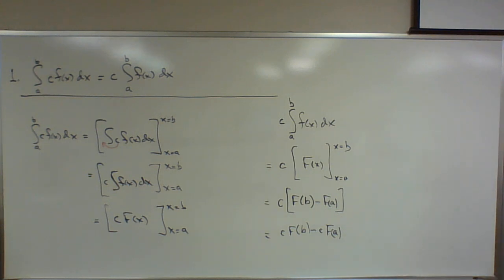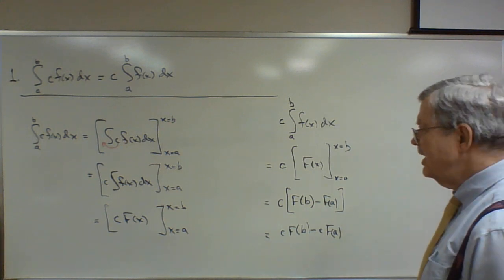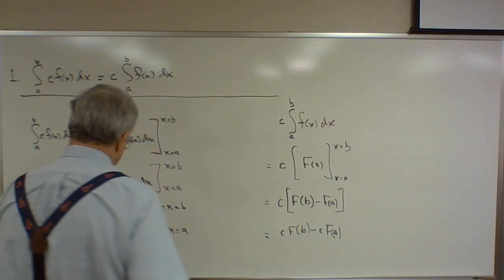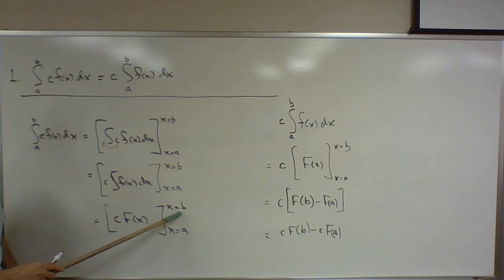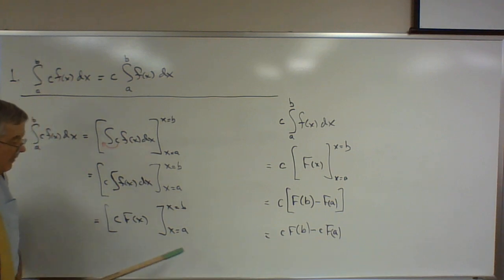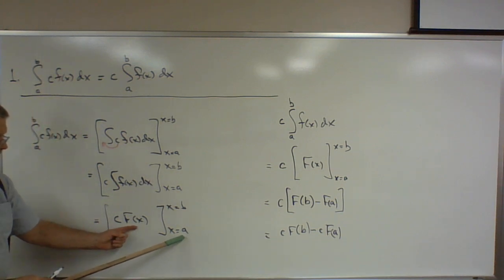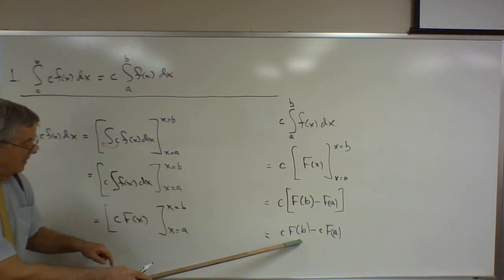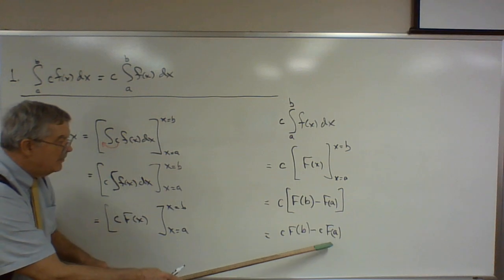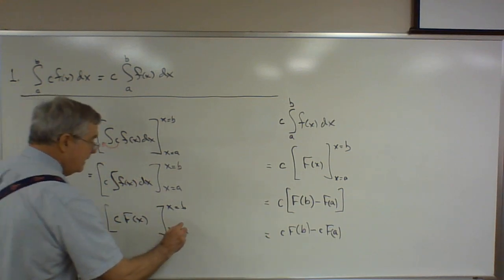Well, let's see. What would I get if I actually evaluated this? I'd get the antiderivative c F of x at the upper limit, which would be c F of b, and then I'd subtract the antiderivative evaluated at the lower limit, c F evaluated at a. So I'd get c F of b minus c F of a, which is exactly this thing.